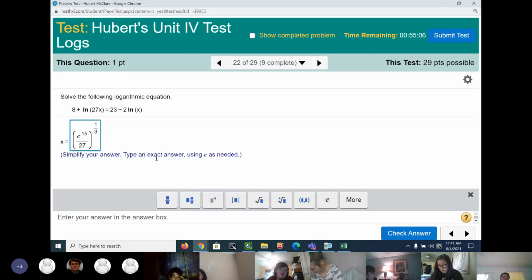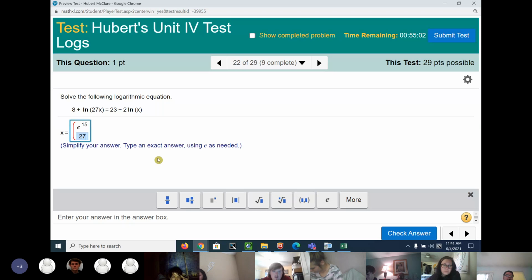So we'll go back and type in, and put a cube root symbol at the beginning. Oh no, the cube root of e to the 15th would be e to the 5th. I forgot about that. Over, and what is the cube root of 27? 3.